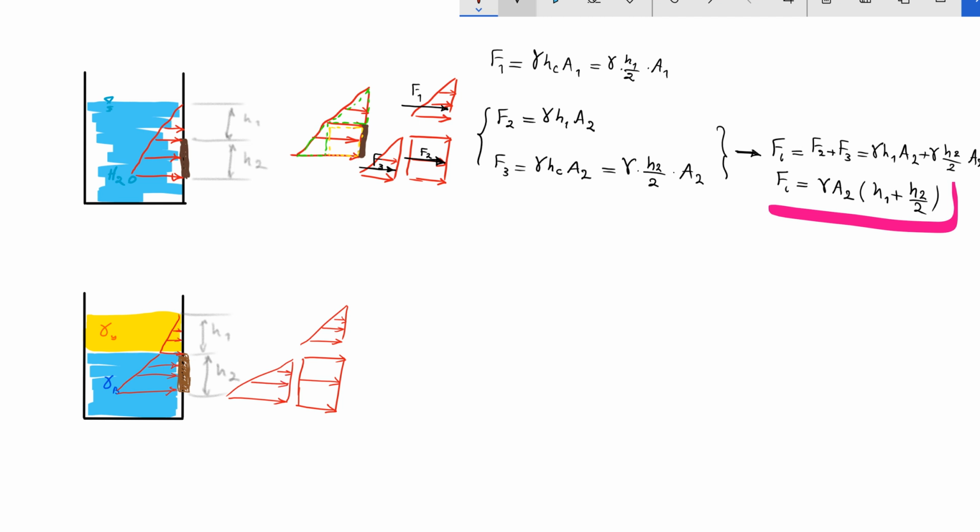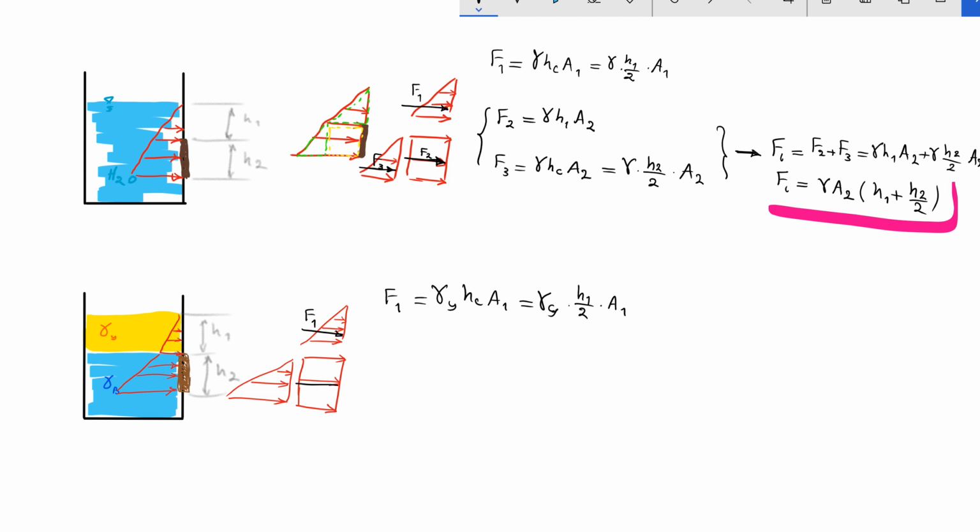Again, I'm going to call the resultant force for the first one F1, and it is going to be gamma of yellow liquid times HC, area number 1. Gamma of yellow, HC is going to be H1 divided by 2, and area number 1.